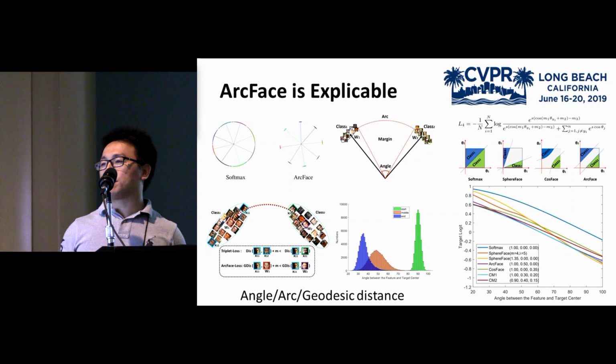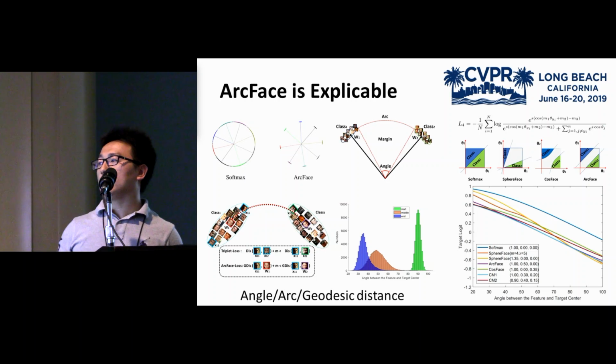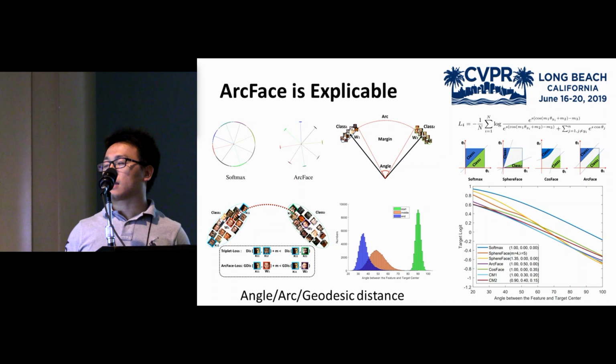ArcFace is explicable. From the view of softmax loss, ArcFace can enhance the design margin. The angular margin exactly corresponds to arc and geodesic distance. From the view of triplet loss, ArcFace changes image-to-image comparison into efficient image-to-class comparison. Compared to SphereFace and CosFace, ArcFace has different design margin and different target logit curves.